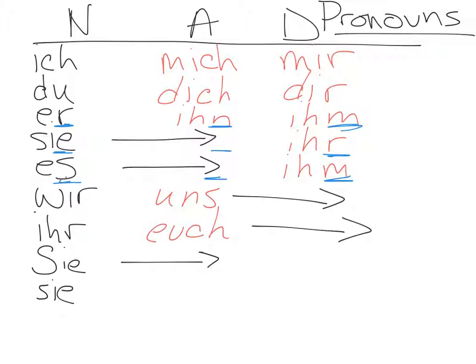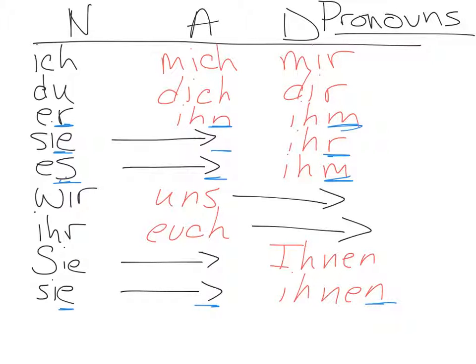Stays Sie. And dative? Ihnen. Capitalize it. Okay, and the plural form of sie. Sie. And ihnen, little i. And that last letter works there too for the plural. Die, den. Okay. So use that as a help too.